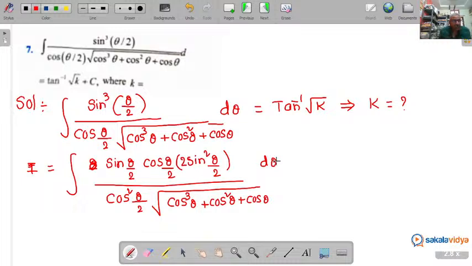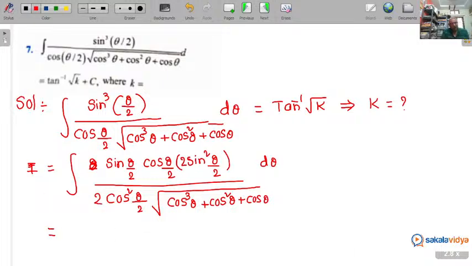See my dear, next we multiplied with 2 also. This is 2 cos square theta by 2. So now this can be written as the integral of, again multiply with 2, 1 by 2 also write down here, no problem. 2 gets cancelled.